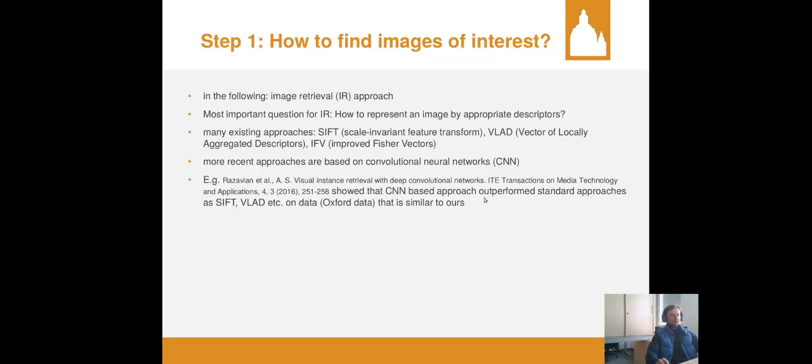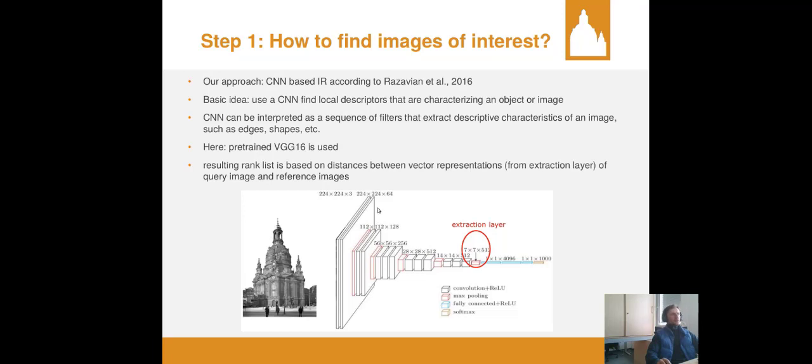In this paper, they used the Oxford dataset. And this dataset is interesting in the sense that it contains photos of historical buildings. And this is, at least to some extent, comparable to our data. We have somewhat different data, not exactly the same, but it is really comparable, and therefore it makes sense to look in this direction.